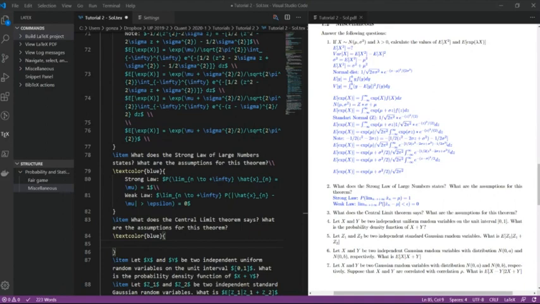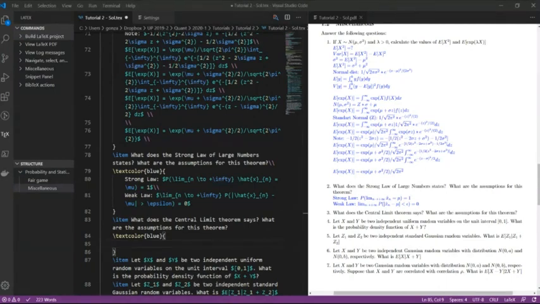So if you have the sample mean of any distribution and n tends to infinity, so your sample is large enough, and you standardize it, so you take away the mean divided by the sample variance, then the probability of that being smaller than x should follow a standard normal distribution.